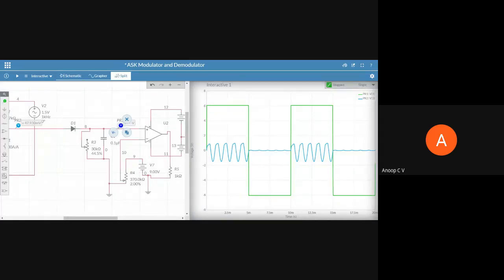I want to see what happens to the signal once it crosses the diode, before it is applied to the filter. Sudeep, can you please unmute yourself and tell what I should do to see that?